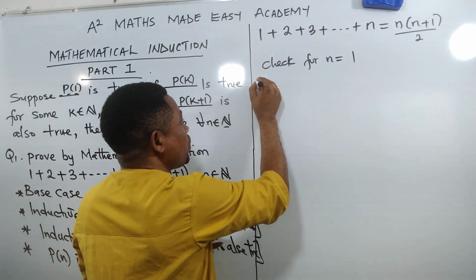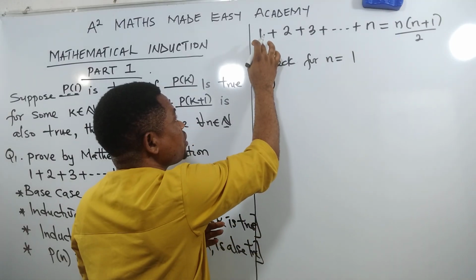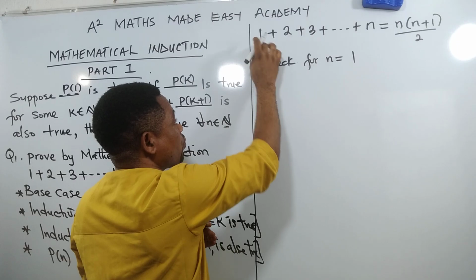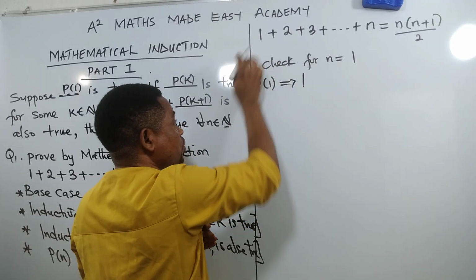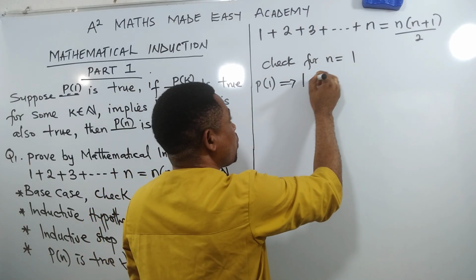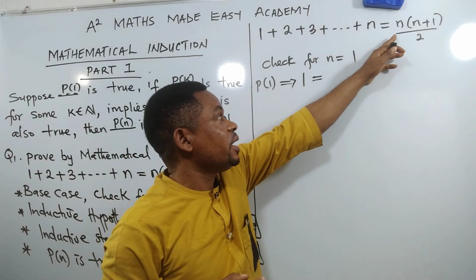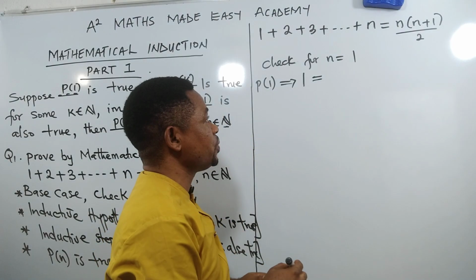So I will now say P of 1. Am I communicating? If you observe this particular first number, what is the first number here? It is 1. I will now bring it out to the left, the first number 1. Then it is equal to, anywhere I come across n on the right hand side, I will remove it and introduce 1. Can we do that now?